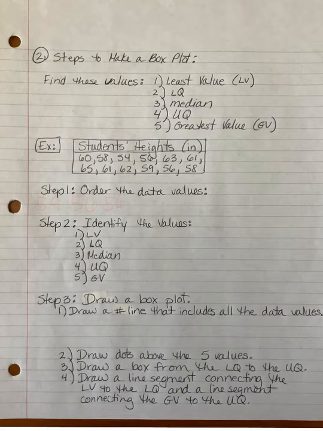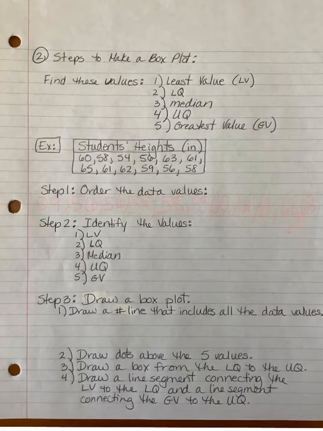Two 58s, so 58 and 58. I'm going to separate them by commas just to keep them separate. 59, 60, 61, 61, 62, 63, and 65. It should really be in the same line.